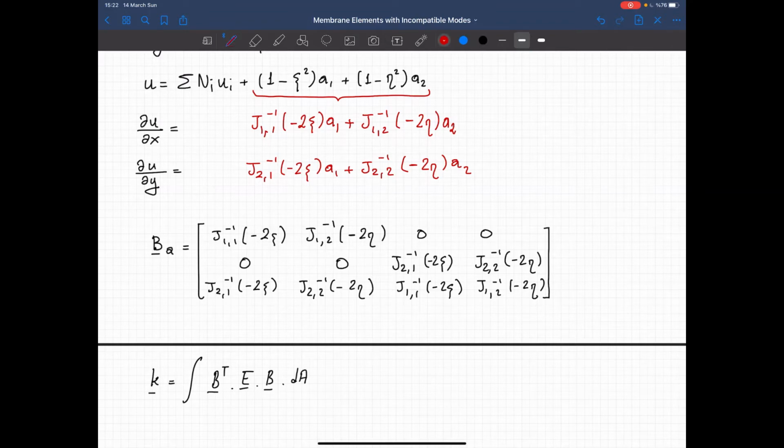Now in that case, B will be a 12 by 3 matrix, E will be 3 by 3, and this new B will be 3 by 12. And at the end of the day, when you calculate the K matrix, K will be a 12 by 12 matrix.